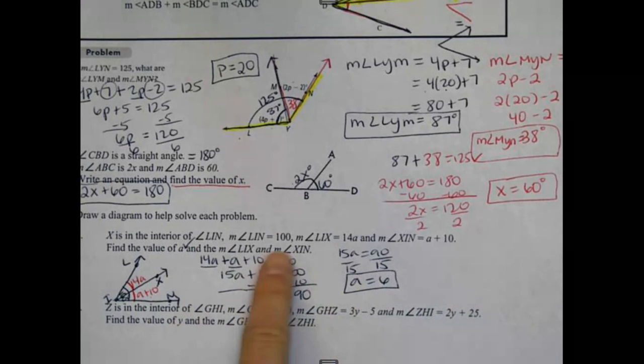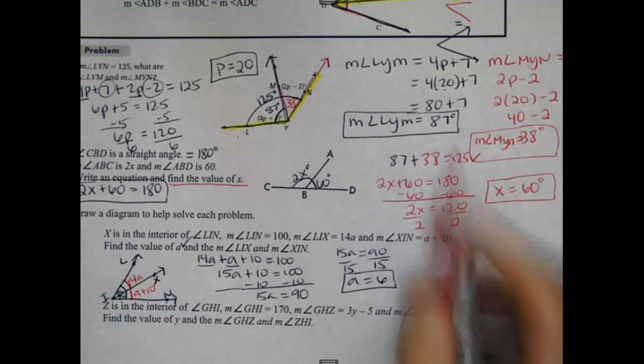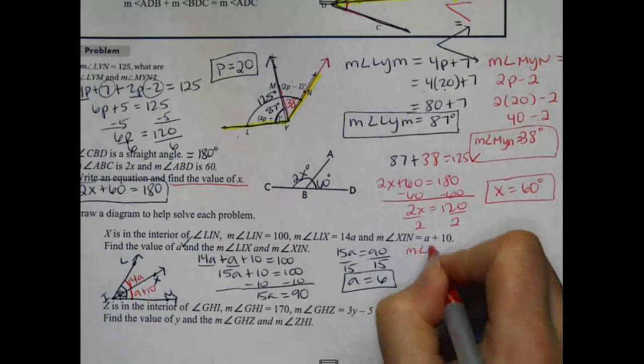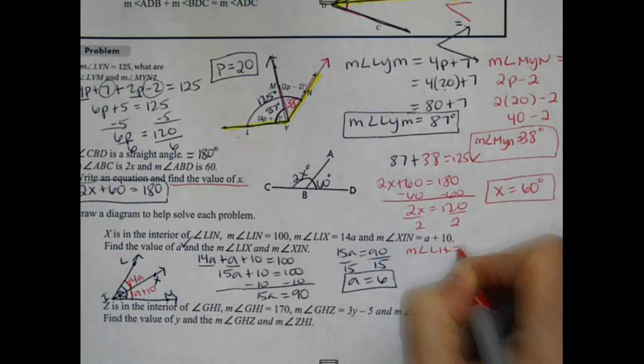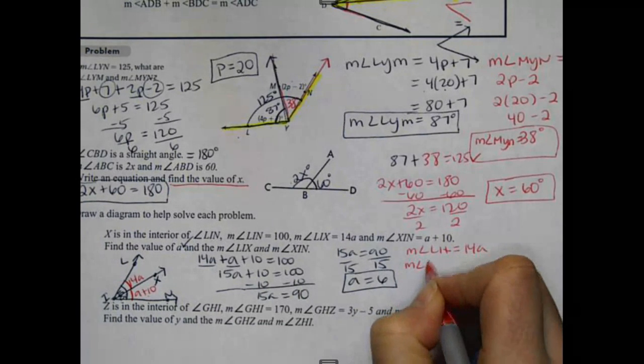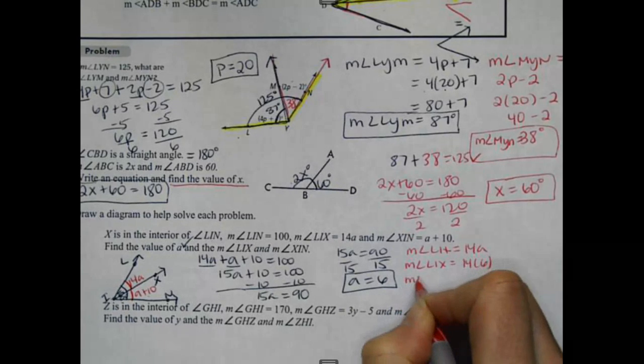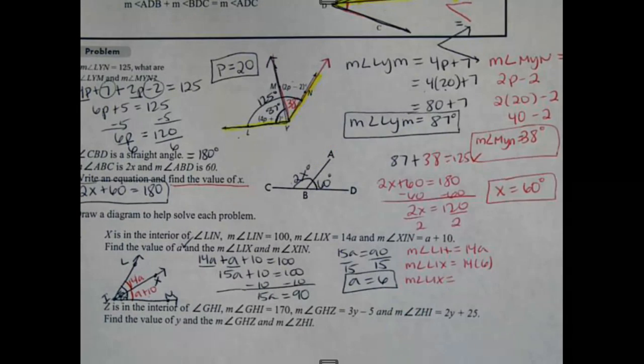Now I need to plug it in for both of these expressions to determine each of those angles. So let's do the measure of angle LIX first. That's the 14a. So the measure of angle LIX is equal to 14 times 6, which is 84.